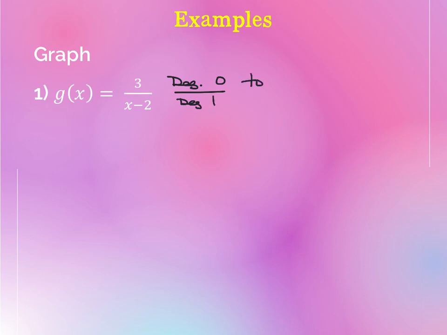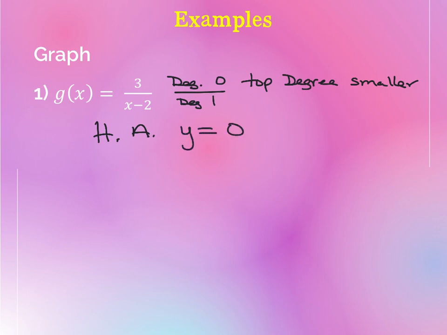Remember, when the top degree is the smaller degree, then we know automatically my horizontal asymptote is going to be the x-axis, and it's going to be y equals 0. So when I go to graph this, it's going to be the x-axis. I'm going to highlight it. So this is the first piece of information that I found. When I put it on my graph, I'm going to highlight it in green.